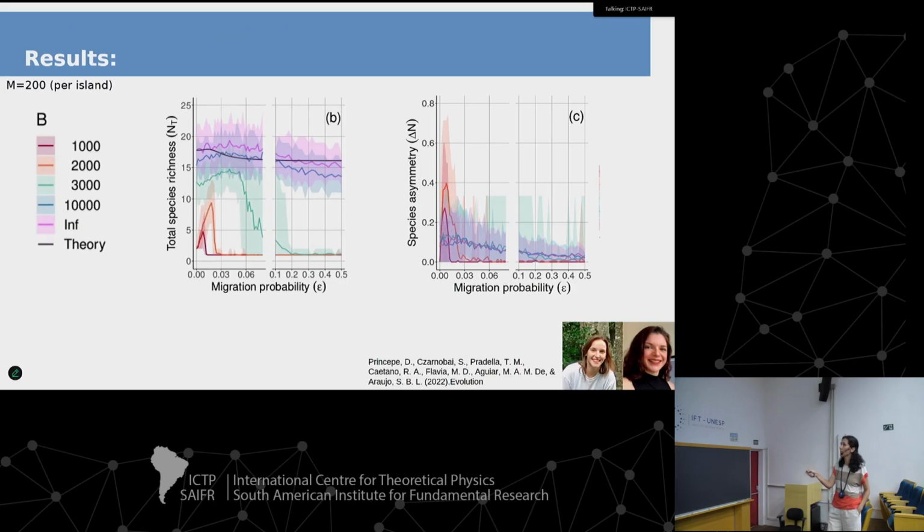So here, just to summarize the results, here's the total number of species as migration increases. Here's the low migration as a function of genome. Here is the case where the genome is infinity.